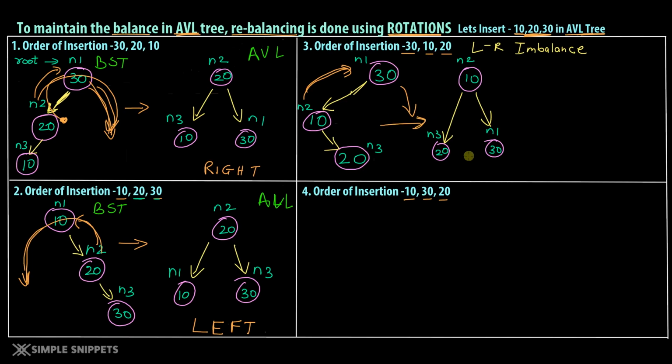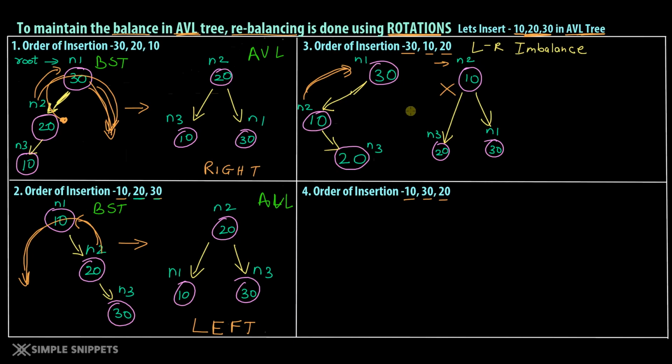If you observe this, this is a balanced binary tree. However, is it a binary search tree? For a binary search tree, for this root node N2, the left child has to be smaller, but N3 is 20, which is greater than 10. So you can see this is invalid and this is not a binary search tree. And if it is not a binary search tree, obviously it cannot be an AVL tree.